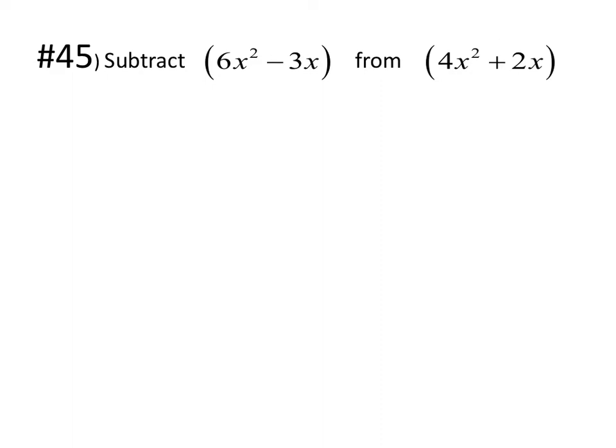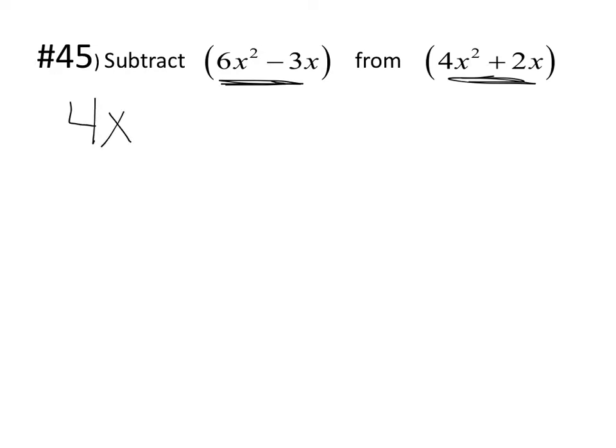Okay, so 45 says subtract 6x squared minus 3x from 4x squared plus 2x. So you're subtracting this from this.